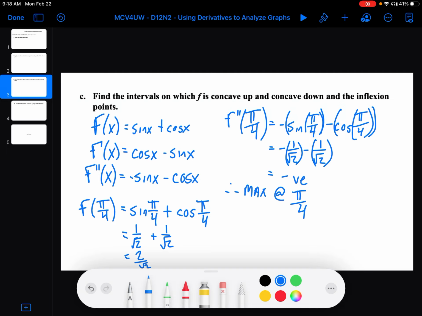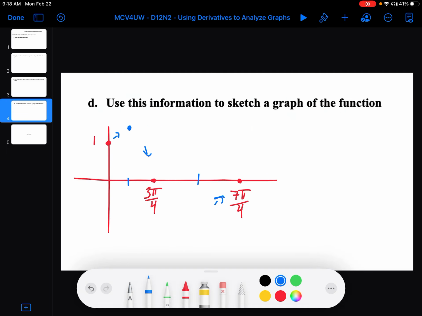Okay, and we can put that in. It's going to be slightly higher, so this is going to be pi by 4, 2 over root 2, or 2 root 2 over 2, however you want to write it.